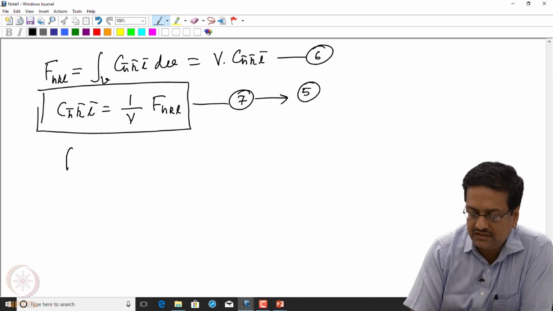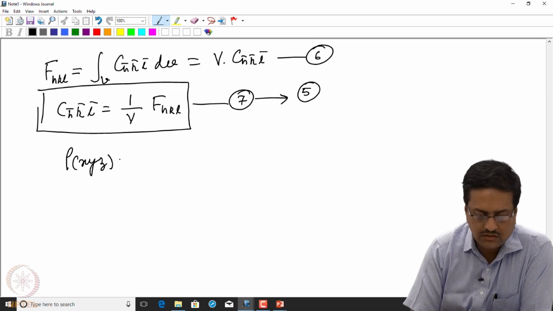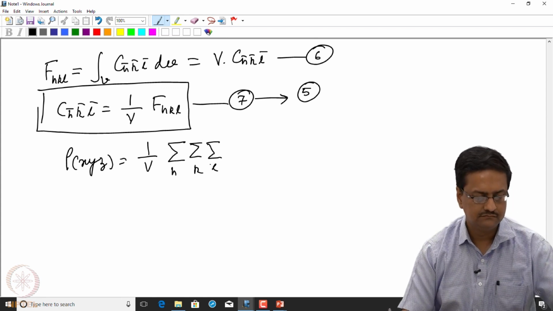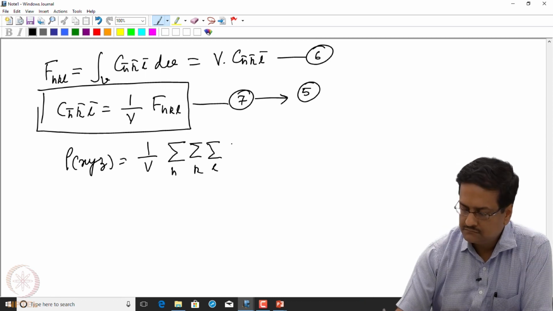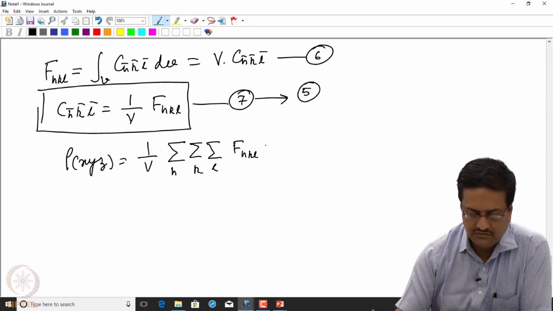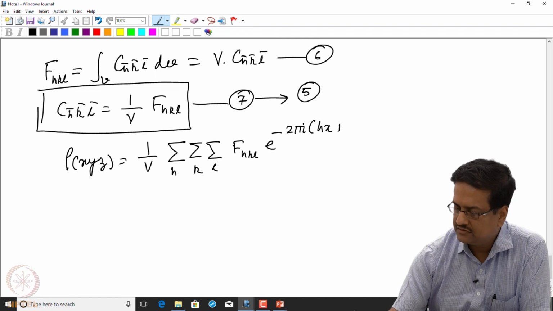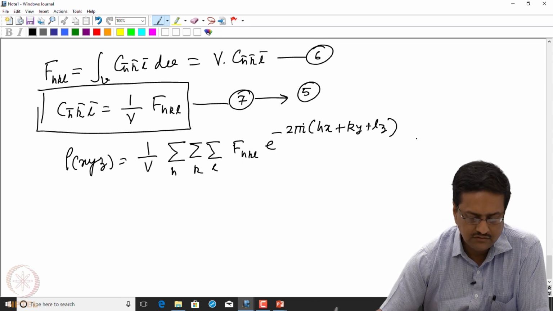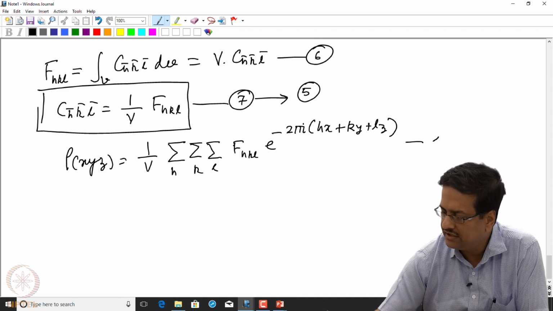So what is rho(xyz)? It is equal to 1 by V times the triple sum over h, k and l of F(HKL) e to the power minus 2 pi i (hx plus ky plus lz), which is equation number 8.